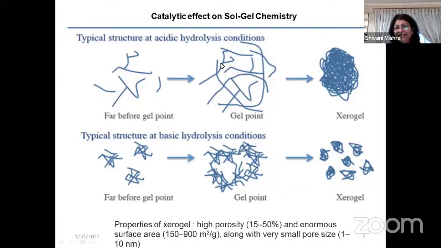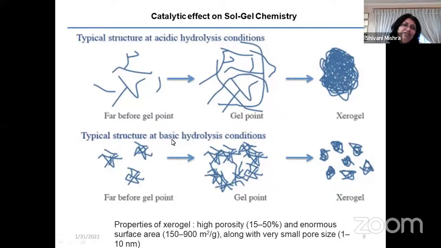And then at the gel point, we see these are moving close to each other, not because they want to, but because of all those fundamentals of chemistry, the electrostatic interactions and the charge transfer and so on. And then when we further proceed with the process of forming xerogel, we can see a huge network here, or the more aggregated form of the polymer.